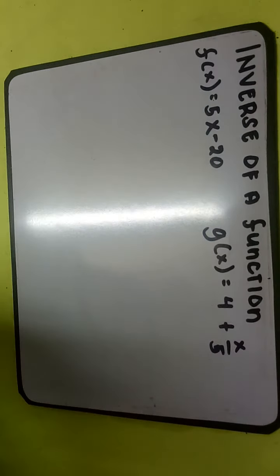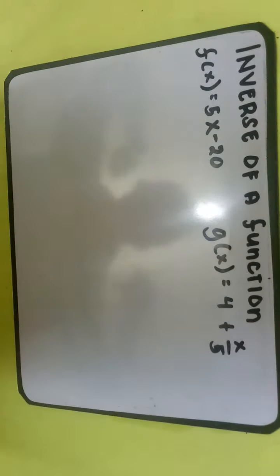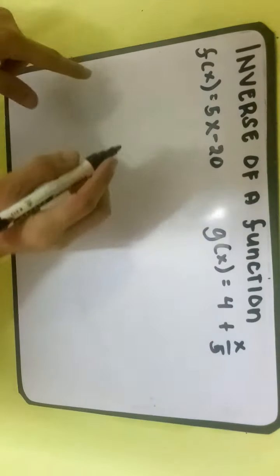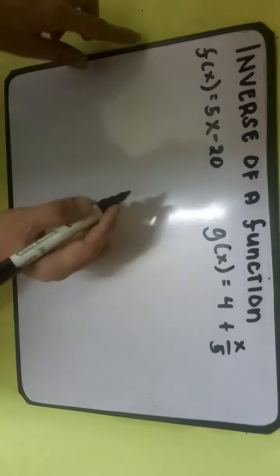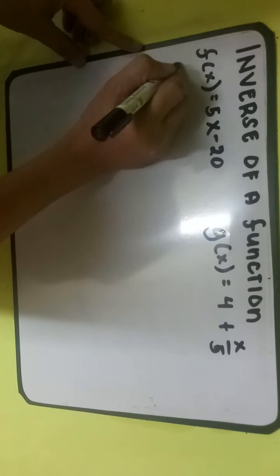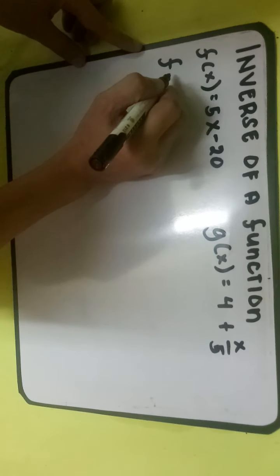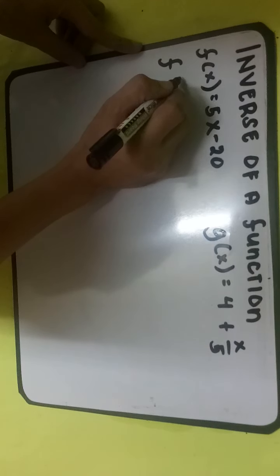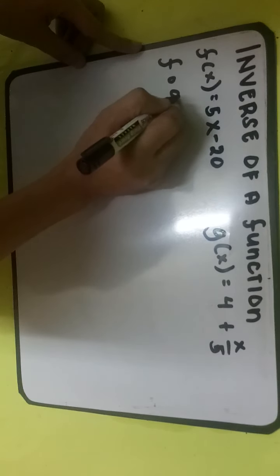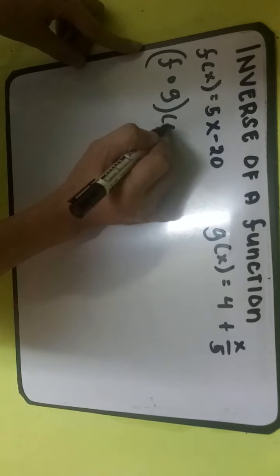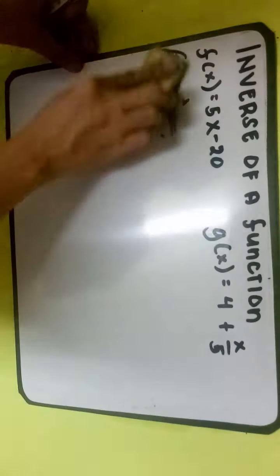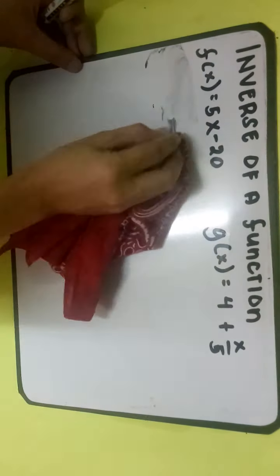So how will we do that? We will use the composition of functions which we discussed during the last topic. So let's start with f composed with g of x. It can be written as f, g, x.